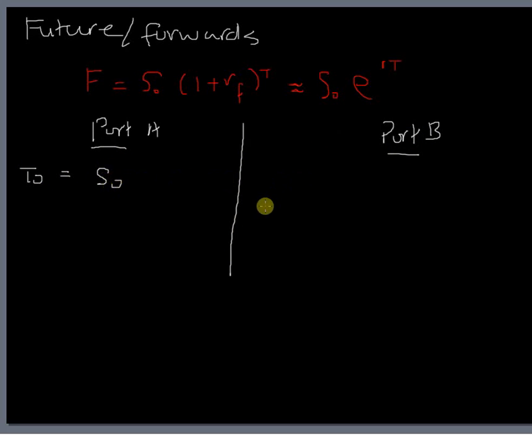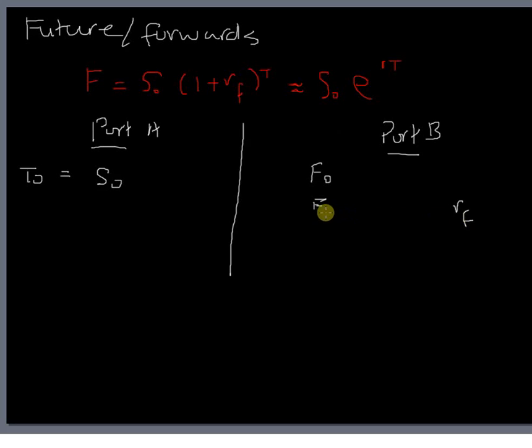In portfolio B, instead of doing this, we invest in the forward, at a price of F0, and you deposit the cash into a bank which earns you a risk-free rate, RF.